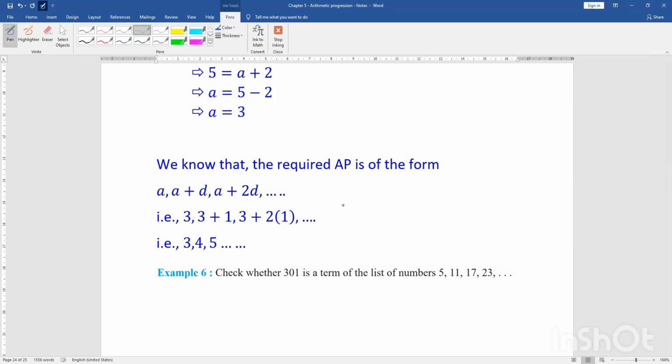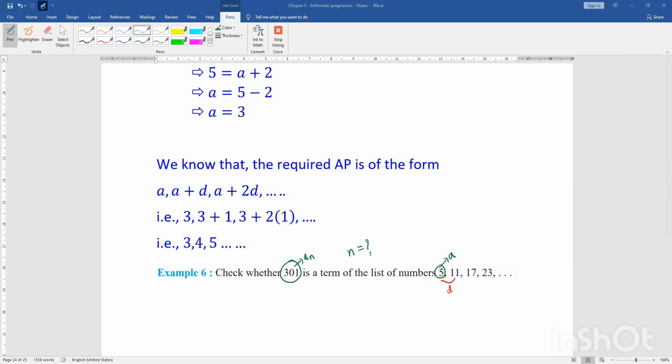This first value is A. Then 11 minus 5 is D, which gives you 6. And whether 301 is a term means I need to take 301 as A_n. So finally, you have to find the value of n.